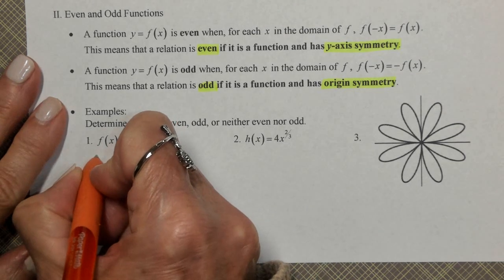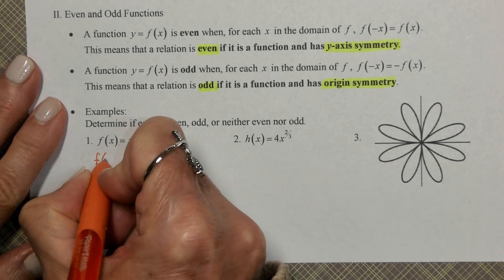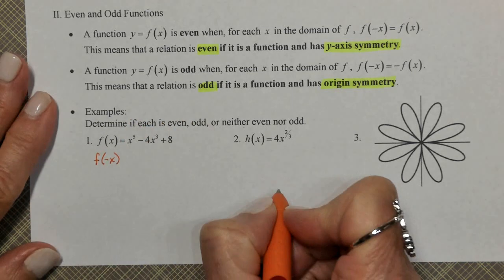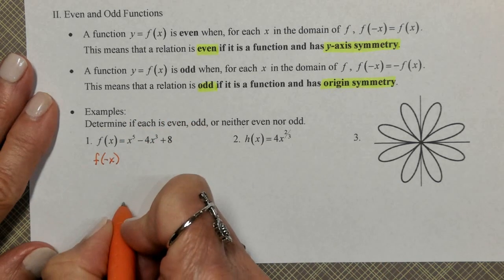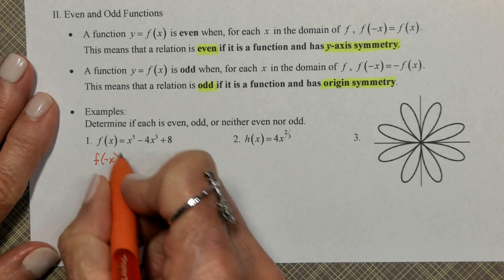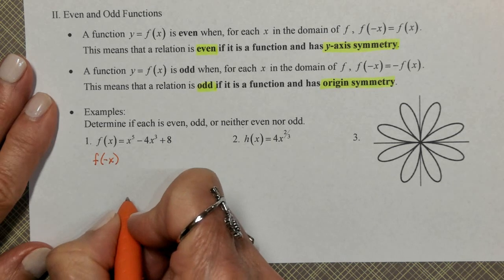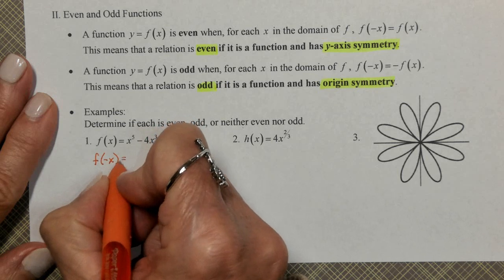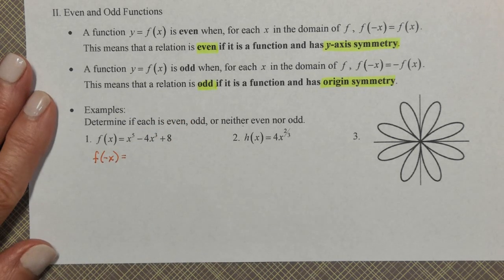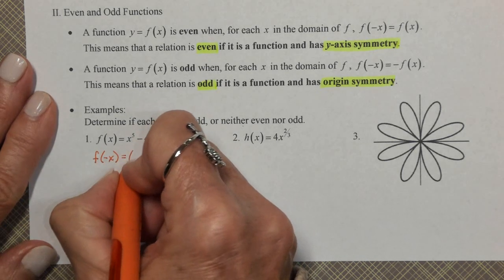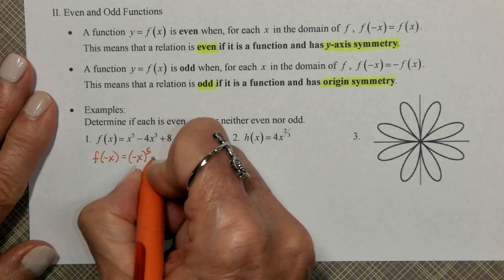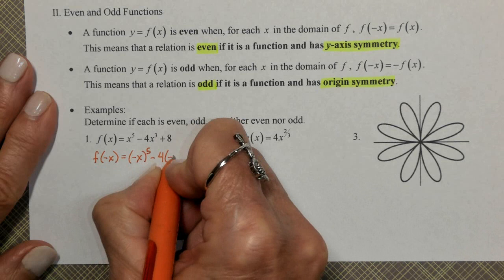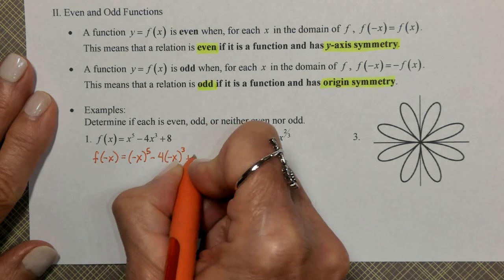So to find out, I'm going to replace x with negative x and see if we get back f, or do we get back negative f? Well, if I replace x with negative x, I'll have negative x to the fifth minus 4 times negative x to the third plus 8.